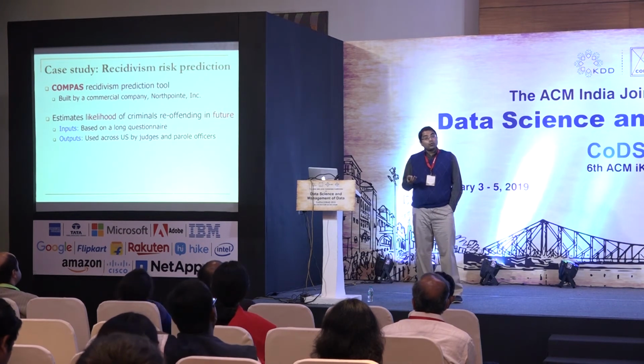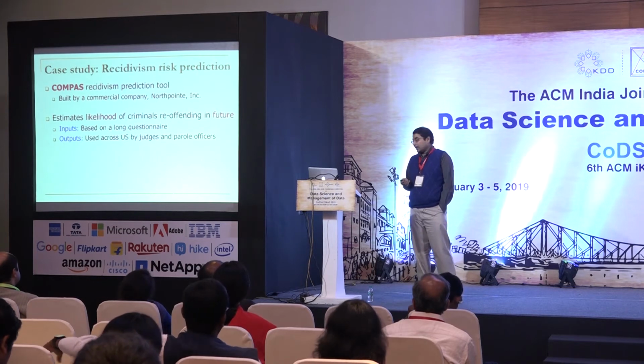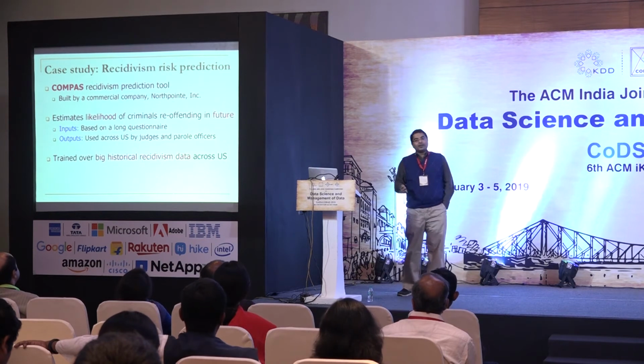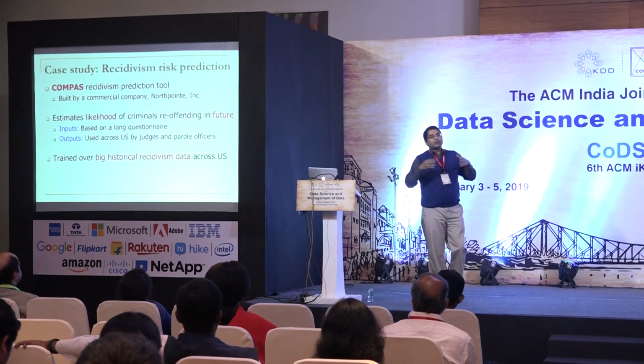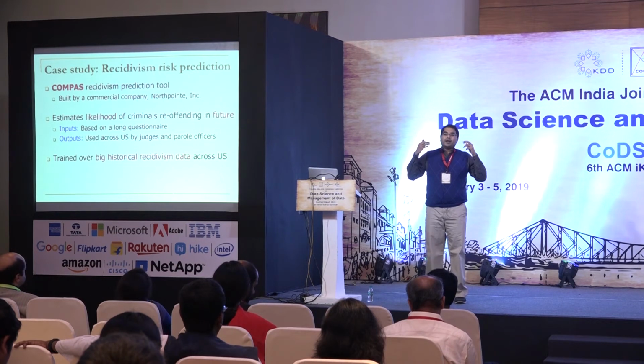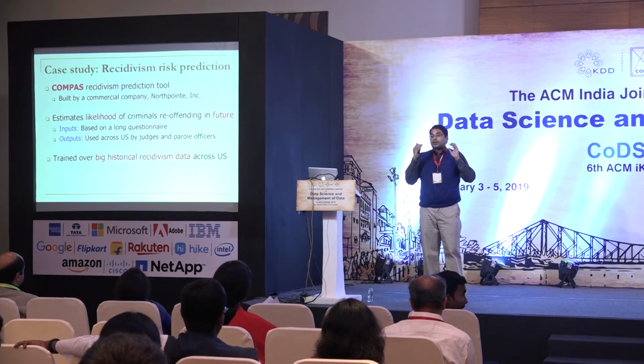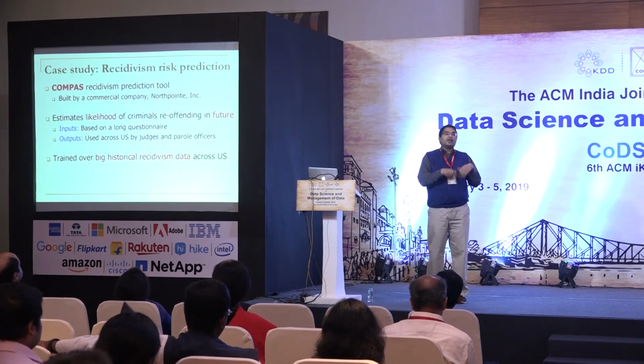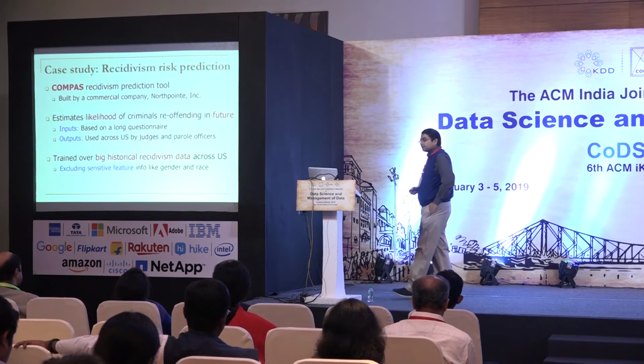So this is a tool whose advisory is affecting people's lives in a substantial and significant manner. Now, this has been trained over big data. The tool has been trained over a large amount of historical data about criminals who have been let go in the past and who have been set free and who have reoffended and who haven't.